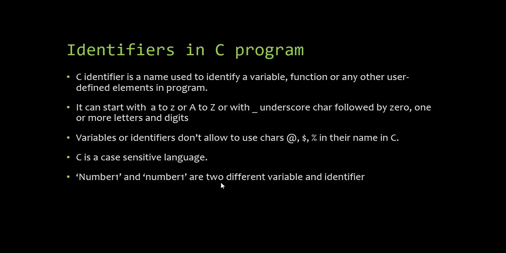We can start our identifier with a character a to z, or in caps A to Z, or with the underscore character, followed by some more characters or digits. Variables or identifiers don't allow special characters like @, dollar, or percentage in their name in the C programming language. And C is a case sensitive language. If you have number1 and Number1 like this, then you have two different variables or identifiers.